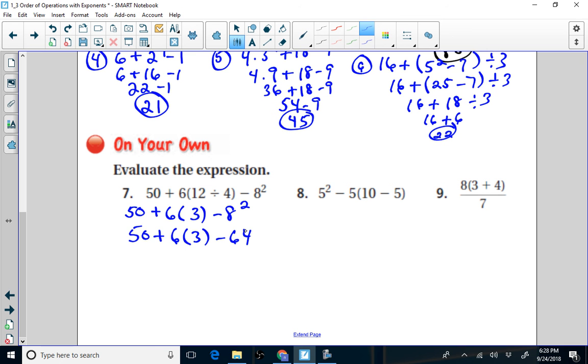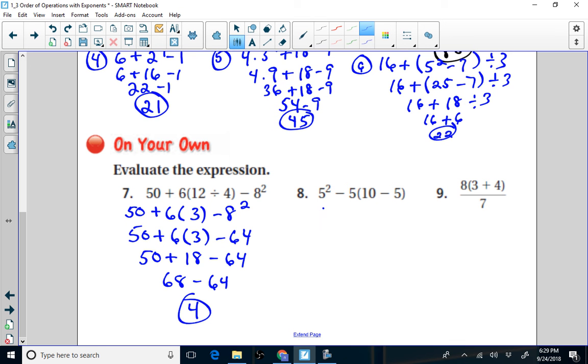Addition and subtraction we do from left to right. But before that, I have to do the multiplication. So multiplication next, we have 50 plus 6 times 3 is 18, minus 64. Addition and subtraction we do from left to right. 50 plus 18 is 68, minus 64. That should be 4. Right, a lot of steps there.